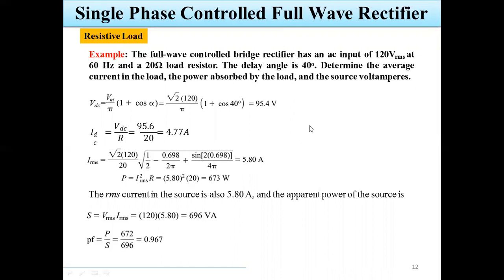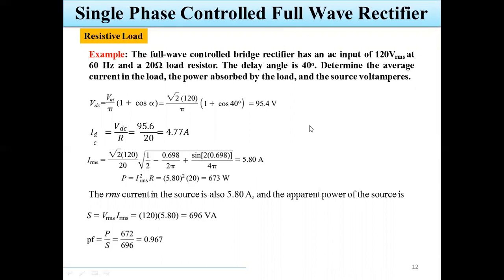We are converting the given degrees value into radians. IRMS has been solved, that is the current from the supply side, 5.80 amperes. And next, what about the power value?